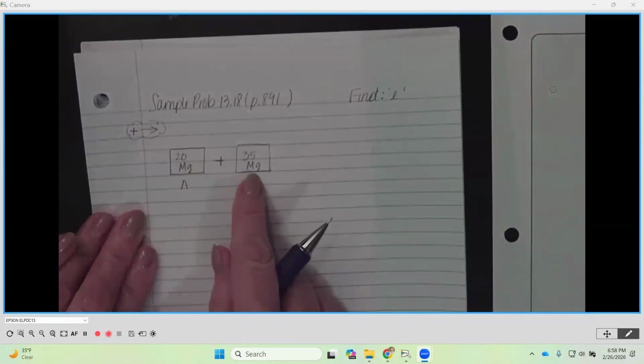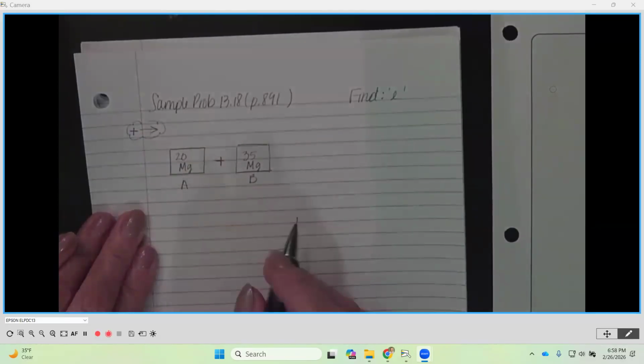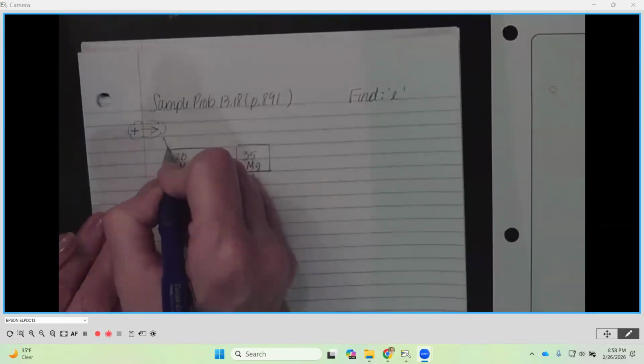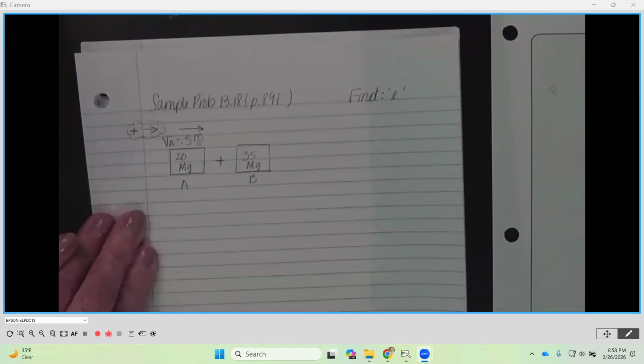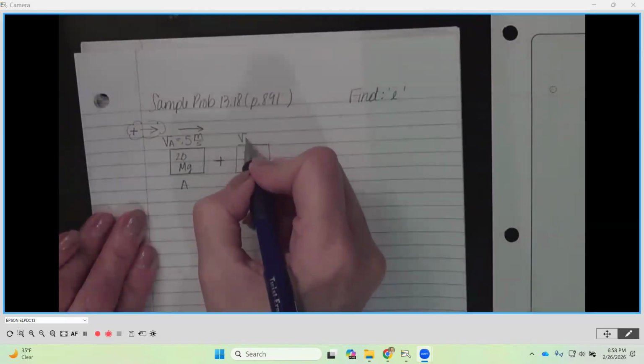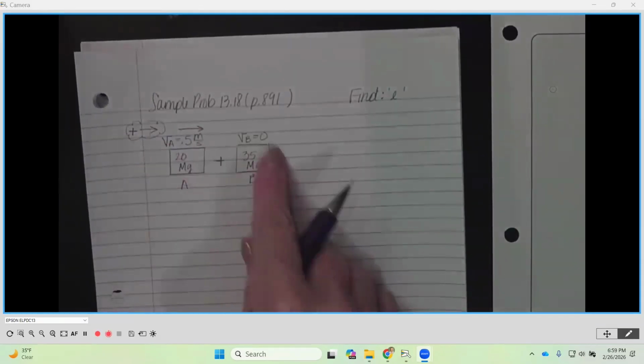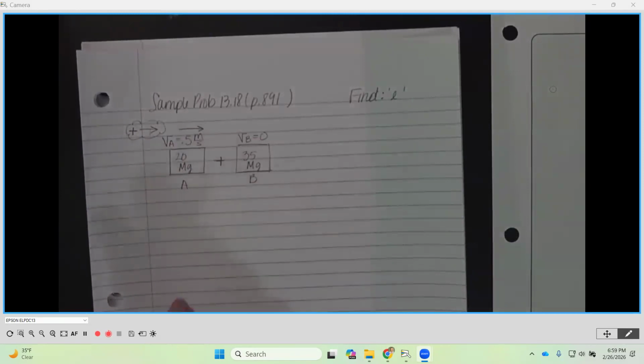I'm going to put a plus symbol between here because we're going to add together the momentums of each of these. I know that velocity A before is equal to 0.5 meters per second, and it's going to the right. And then I do also know that my velocity B is equal to 0. So this is the before.